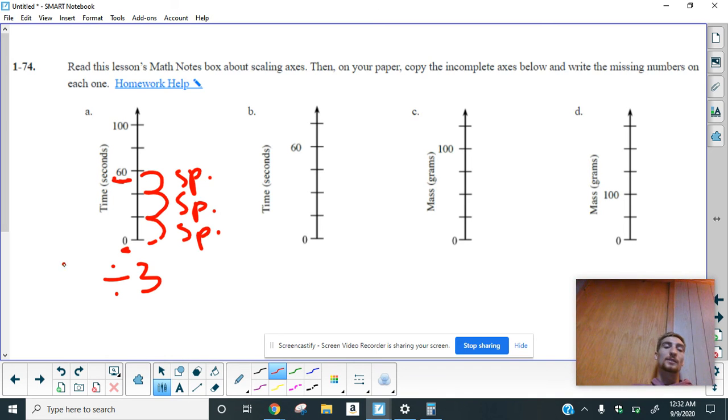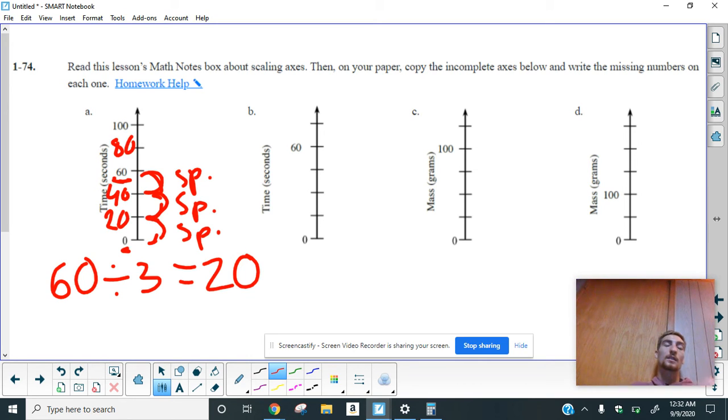That is a distance of 60. So we're going to do 60 divided by the number of spaces we have. And that's going to be 60 divided by 3, excuse me. And that's going to be 20. All right. So each of these hash marks will go up by 20. And as we fill that in, it looks good, makes sense. So we're going to move on to the next one.